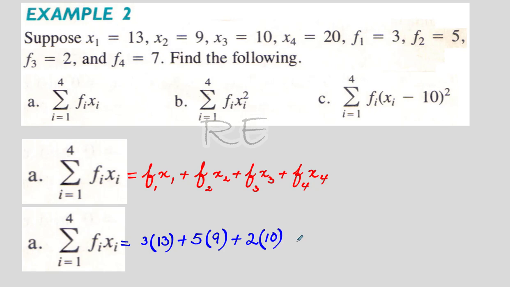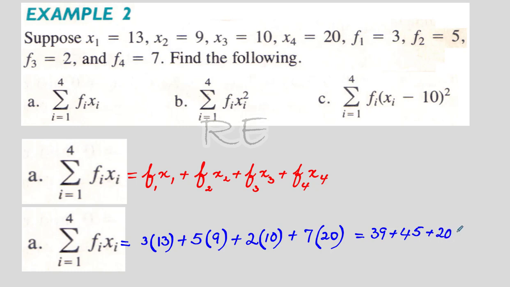The last term will be 7, f4, times 20, which is x4. 3 times 13 is 39. 5 times 9, 45. 2 times 10, 20.